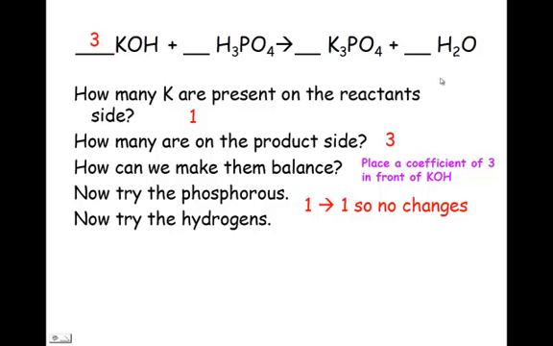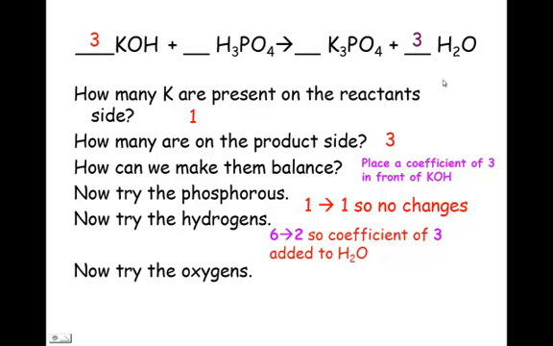So I have 6 on my reactant side and 2 on my product side. So I need to figure out what coefficient belongs in front of my water such that I can have 6 hydrogens on both sides. That's going to be a 3 in front of my water, so that 3 times 2 will equal 6 hydrogens.